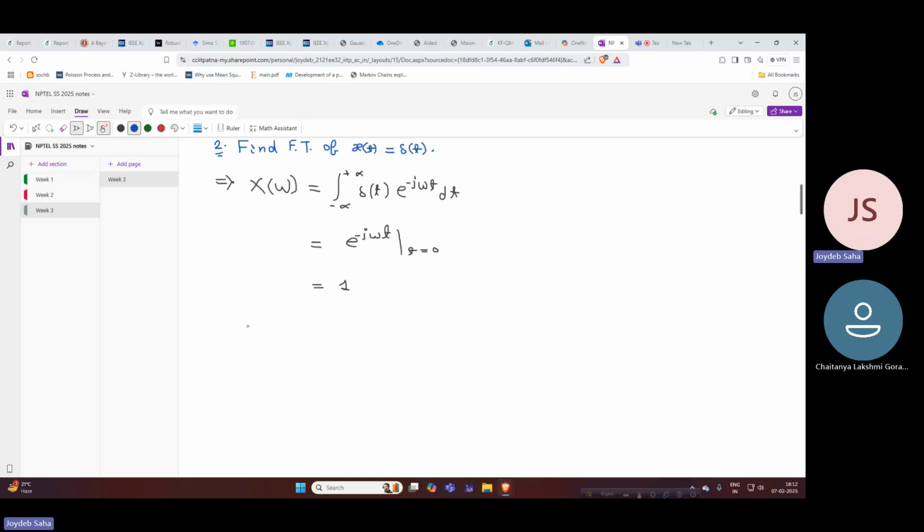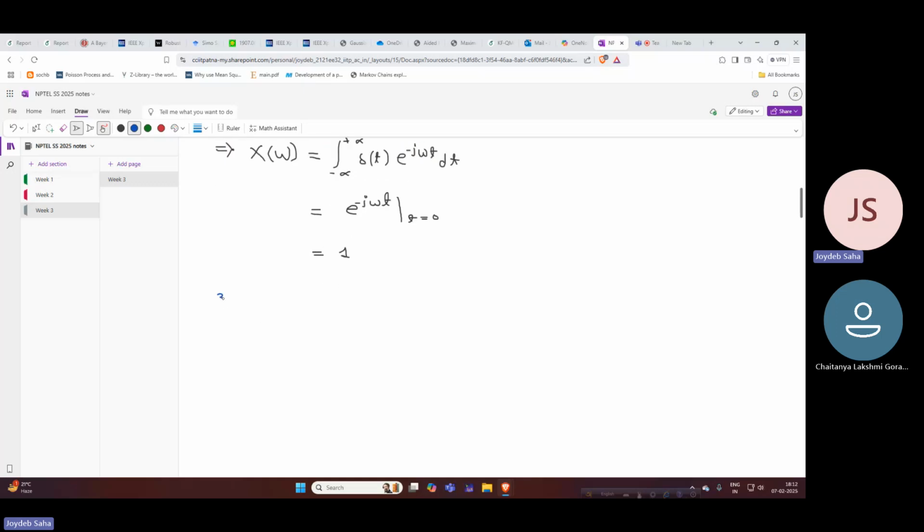Okay, so let us move to the next question, if it is clear. Find the Fourier transform of the following.